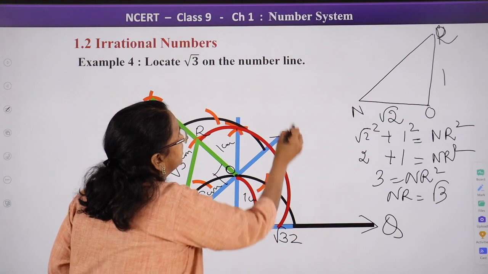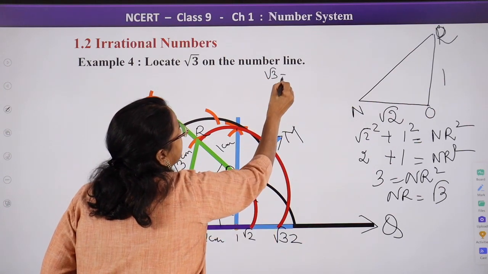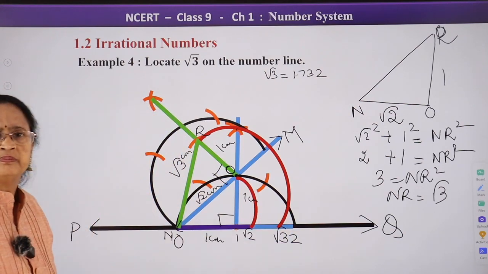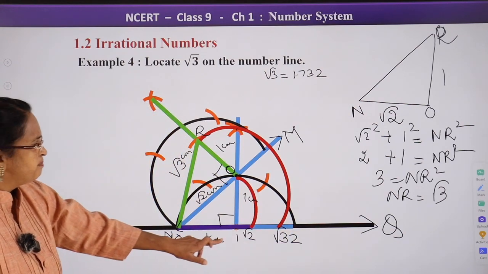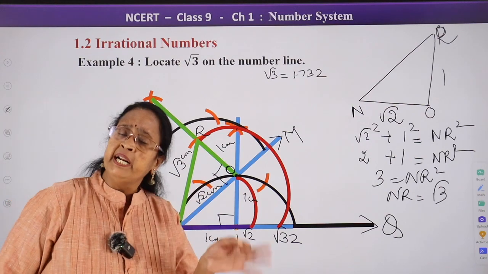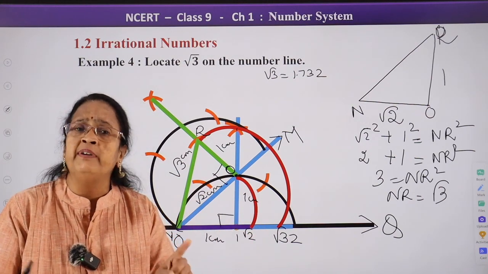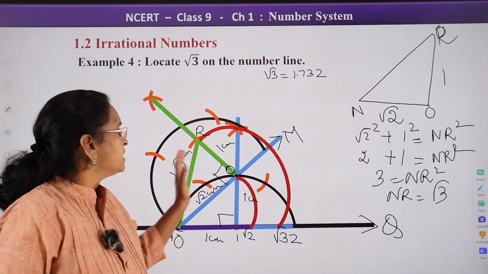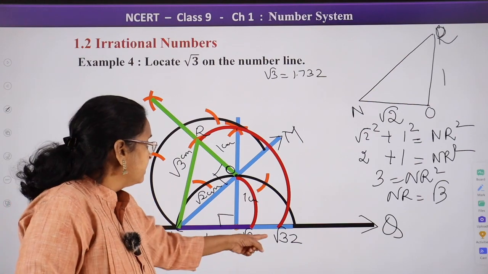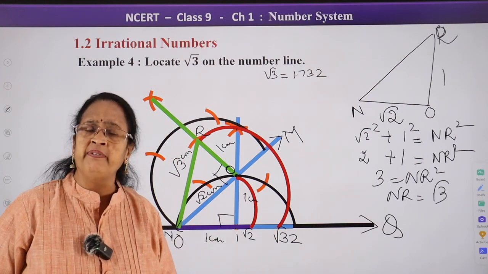the value of root 3 is 1.732 and so on. Alright, so 1.7, here it is located. Now, definitely you will have doubt because you haven't measured it. You have just done by construction. What is the proof that the root 3 point here is 1.7?